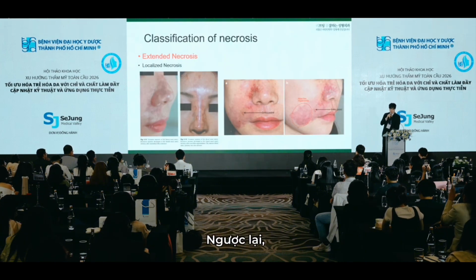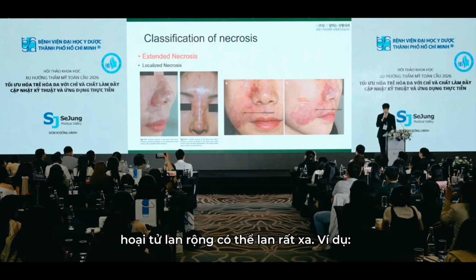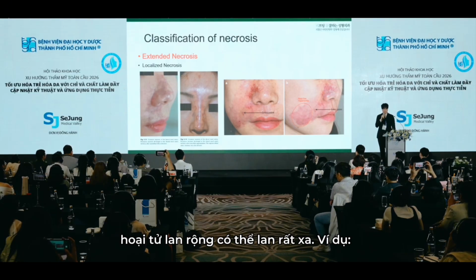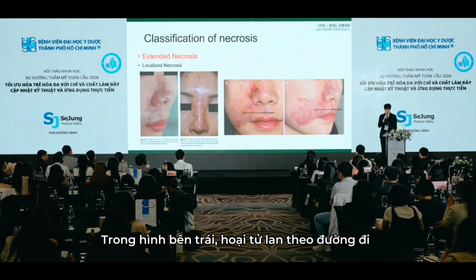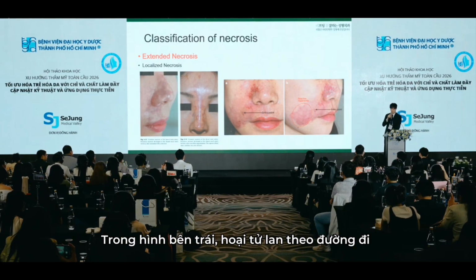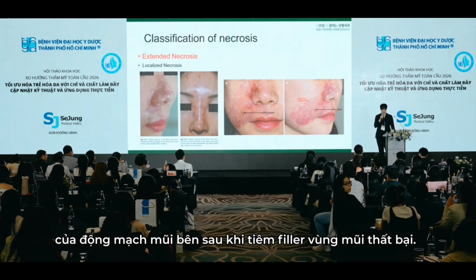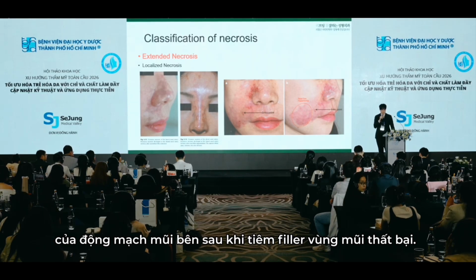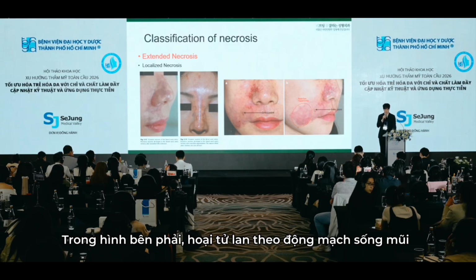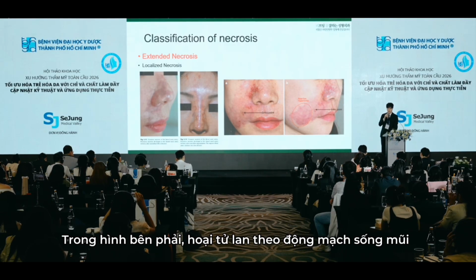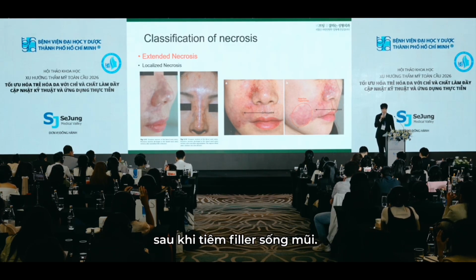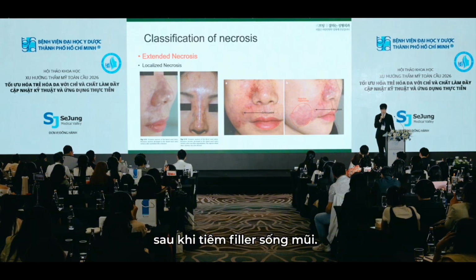In contrast, extended necrosis can spread widely. For example, in the left image, necrosis developed along the lateral nasal artery after nasolabial fold injection. In the right image, necrosis is spreading along the dorsal nasal artery following nasal filler injection.